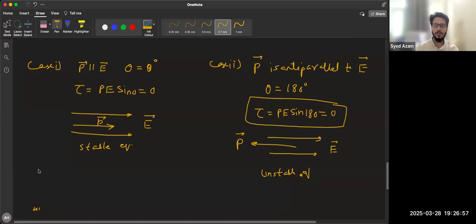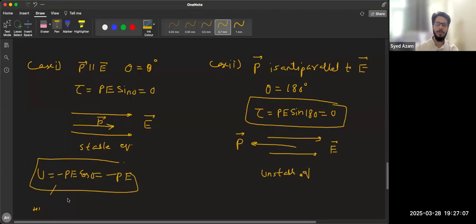Like in the first case, your potential energy is minus PE cos 0. So it's minus PE. This is the minimum value of potential energy. So in stable equilibrium, your potential energy is minimum. If you want to calculate potential energy here, this is minus PE cos 180. Cos 180 is minus 1.